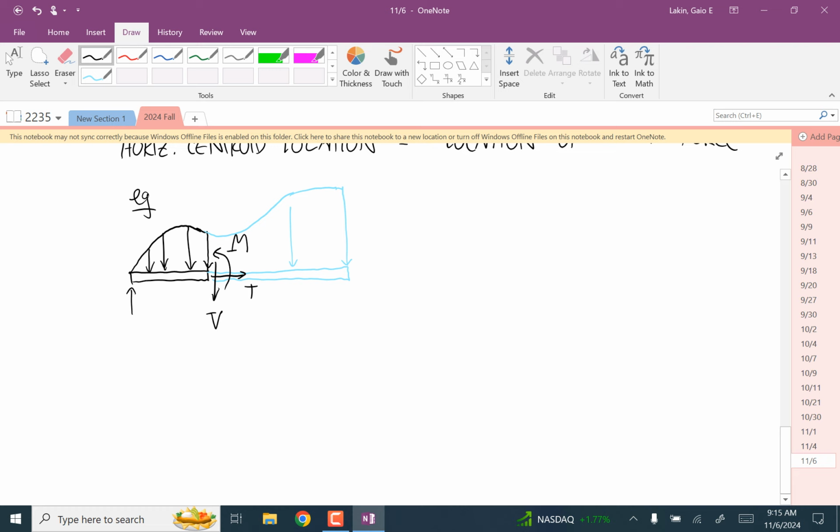And so now that we've chosen the piece to isolate, now we can look at what we have here and find the centroid and the area. And now we can calculate those internal loads.